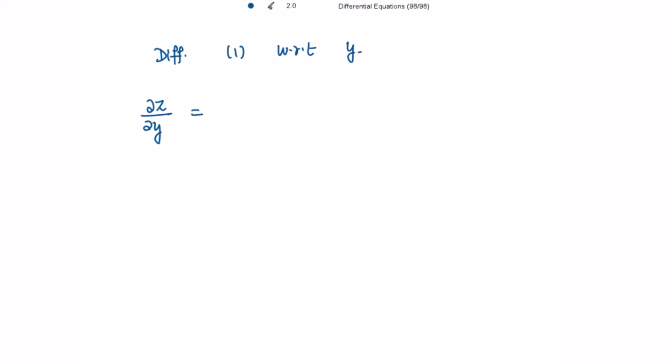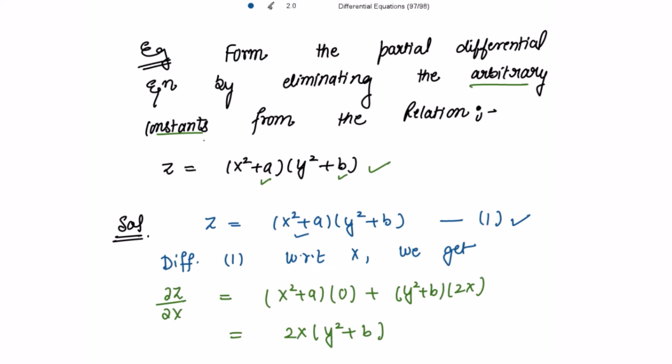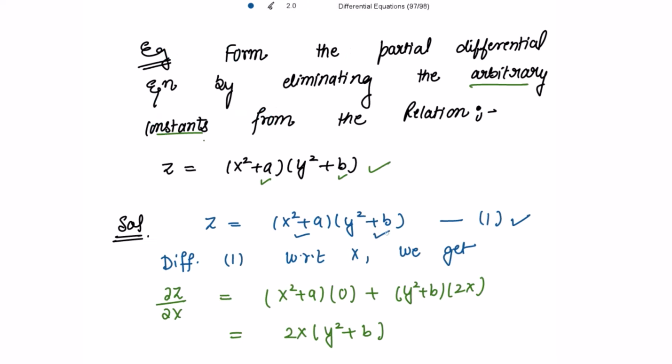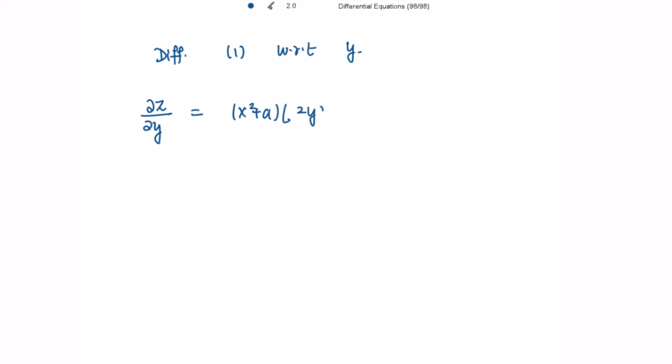Okay, writing the first function, that is x square plus a, and differentiating this with respect to y, we get 2y, plus writing the second function and differentiating the first with respect to y, we get 0. So we are getting this to be 2y into (x square plus a).